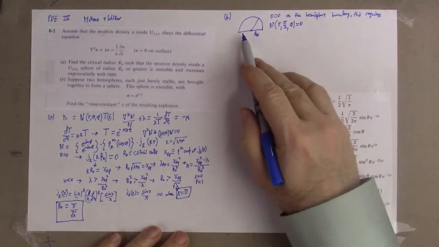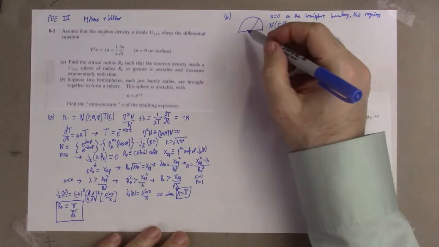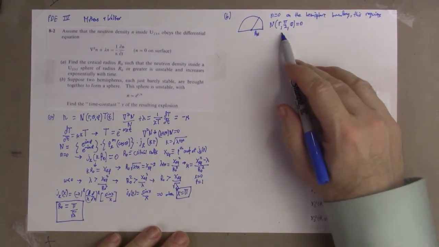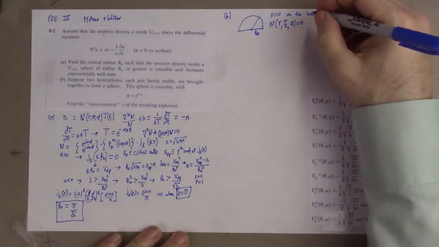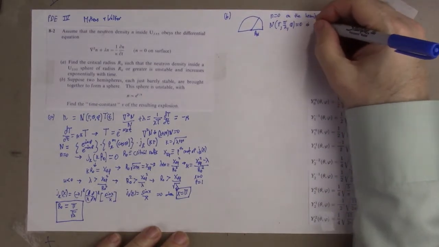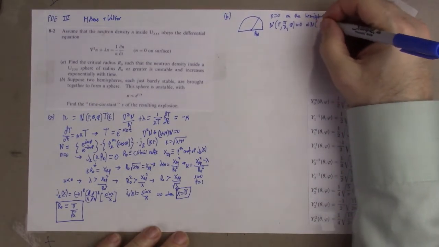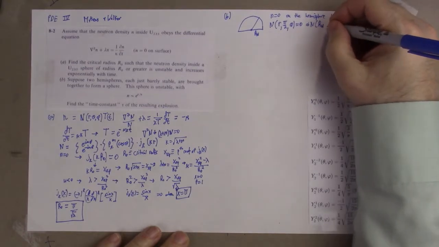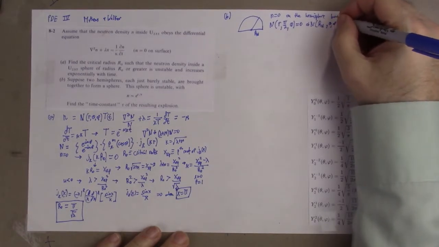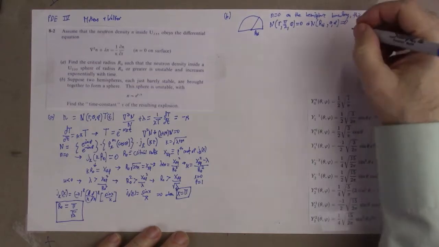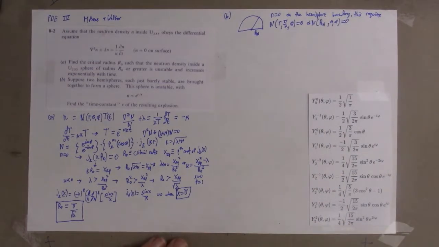For all radius, even over here it's 0, so for all r and for all phi, we have to have that. That's the first boundary condition. And we also have to have that at the hemisphere radius RH, for any theta and any phi, n is equal to 0.